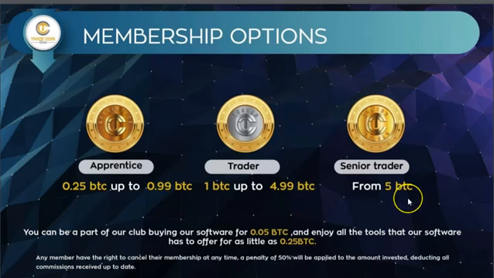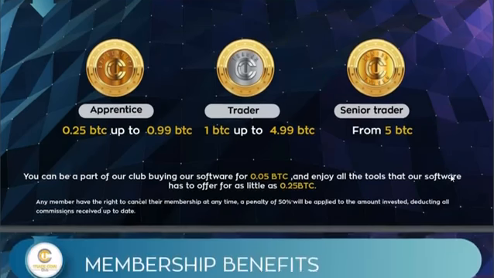So your total for your Senior would be 5.05 Bitcoin. Okay, so again, one more time before we move on to the next slide, you have three memberships to choose from. Whichever membership you want to fund, don't forget to add 0.05 to it. Okay, guys? All right, let's go ahead and move on to the next slide here.